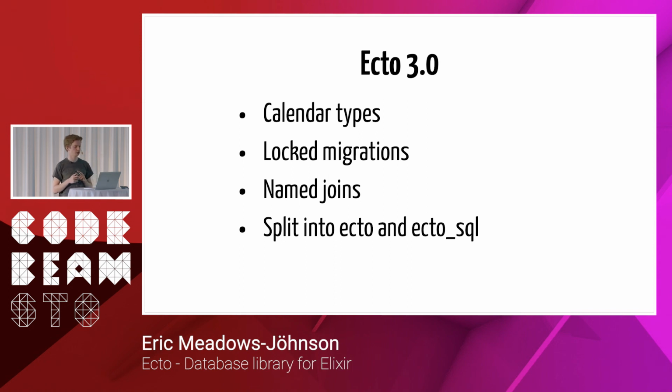So we're splitting out Ecto and we're splitting out changesets and some other things into Ecto, and we are moving all the database stuff to Ecto SQL. And this is an easy change if you're using Ecto today and you want to keep using databases. You just change the dependency name from Ecto to Ecto SQL.